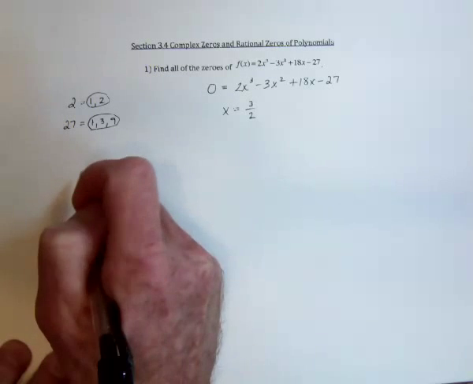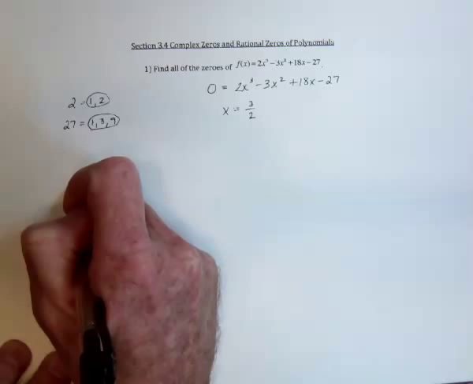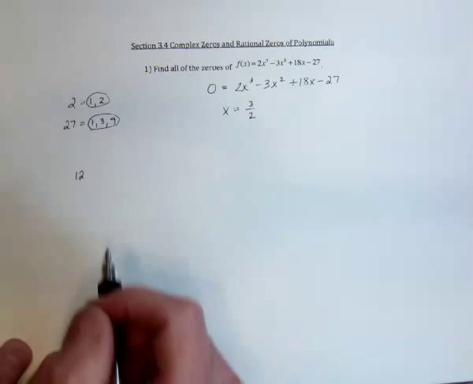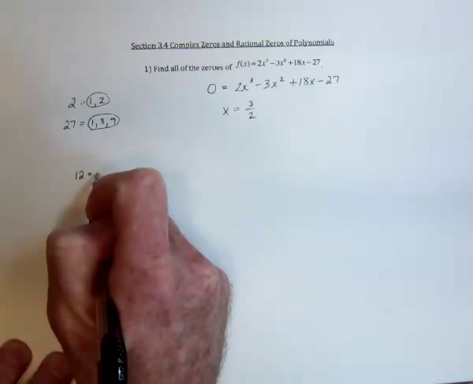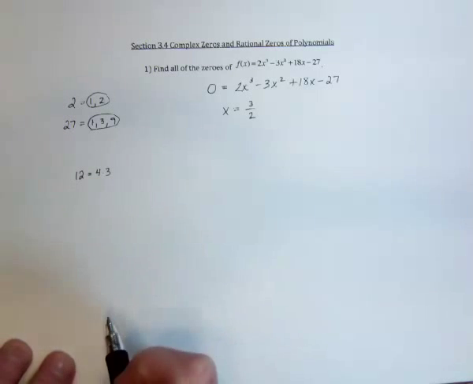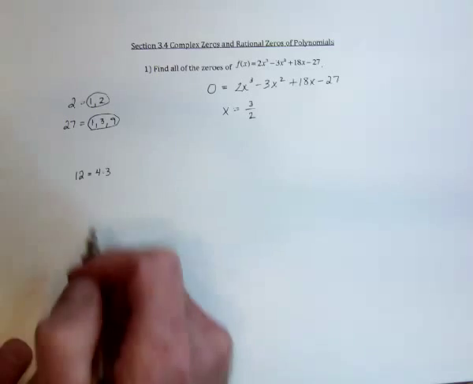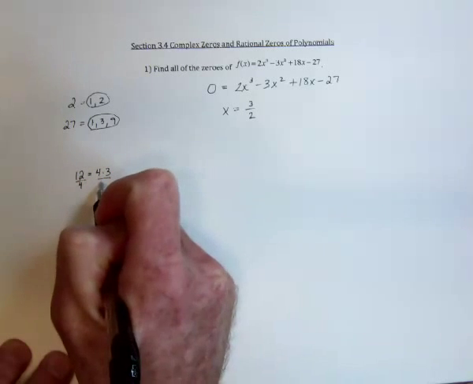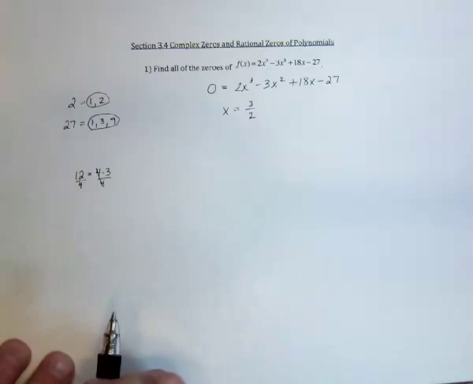Let's look at what that's saying. So 12. If 4 is one of the factors of 12, then when I divide a 12 by a 4, it's going to divide evenly and just give me a 3.